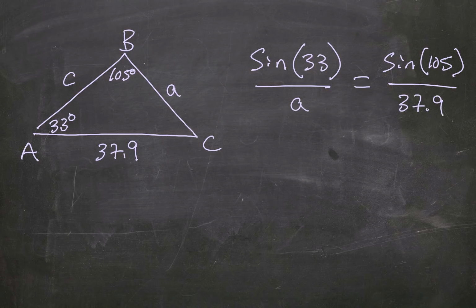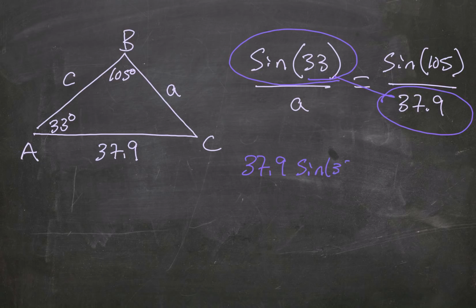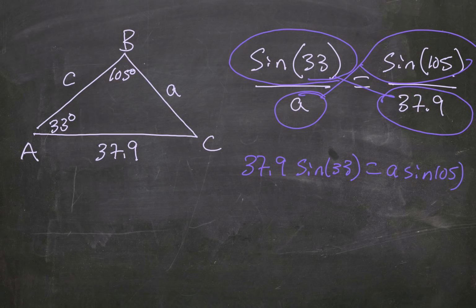Now, from here, we're going to cross multiply. So I'm going to say the sine of 33 times 37.9. That gives me 37.9 times the sine of 33 is equal to A times the sine of 105. And you can punch this side in the calculator if you want.